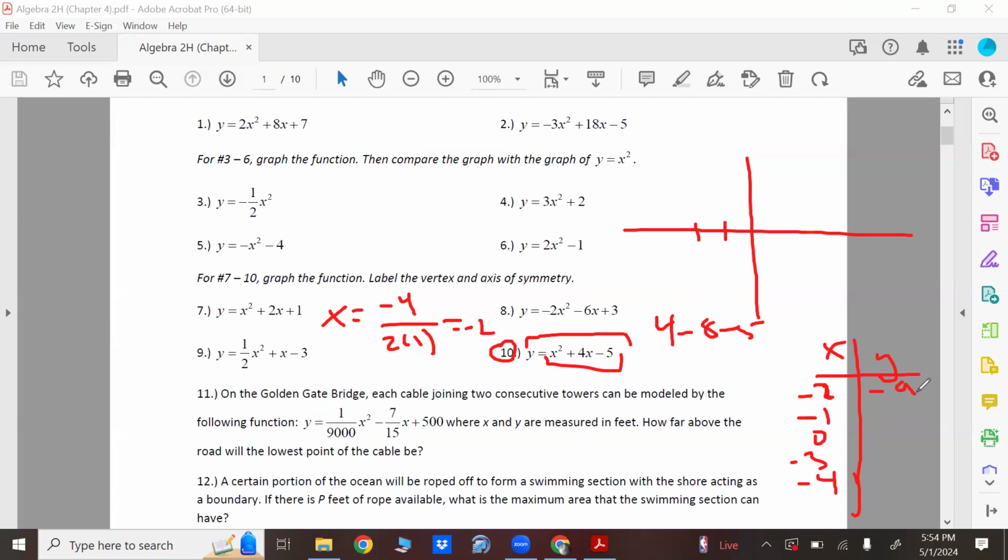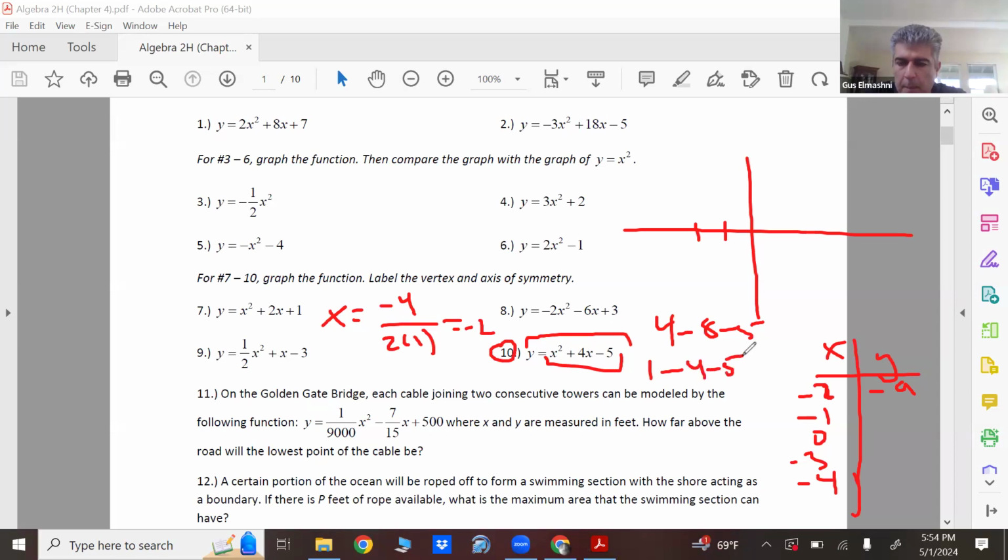So x equals -1, so it'll be 1 plus 4x, which is minus 4, minus 5. So you have 1 minus 4 minus 5, which is what? -8. Then for 0, that would be -5.